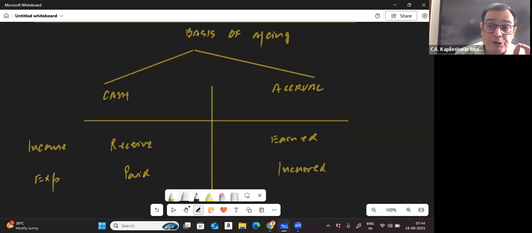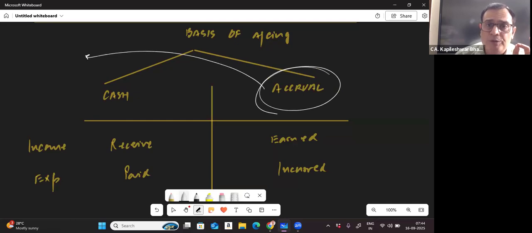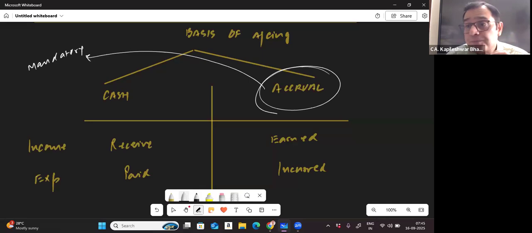And what is important is that for companies all across the world, accrual basis is mandatory. It's not a matter of choice for the company that they can apply a cash basis. The default accounting basis is always an accrual basis. You need to record an income when you earn it, not necessarily when you receive it.